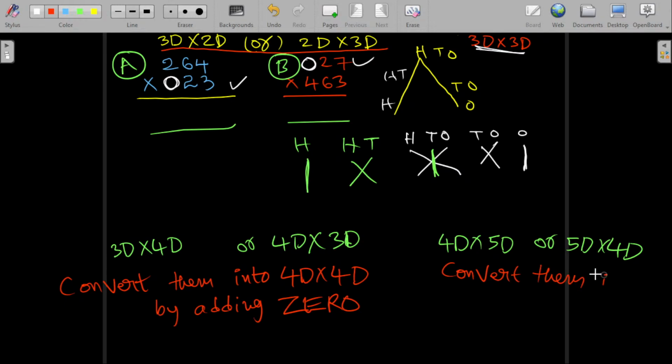Convert them into 4D into 4D by adding 0, or convert them into 5D into 5D by adding 0. Clear?